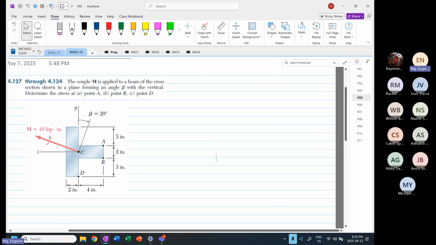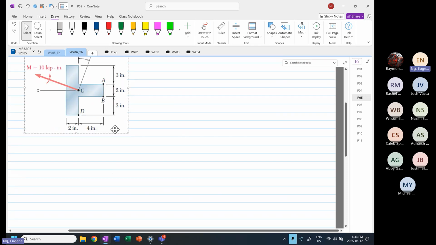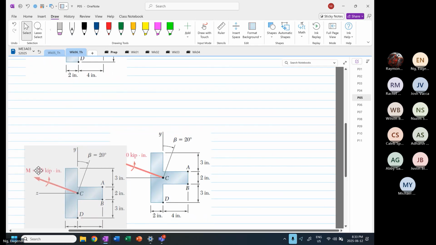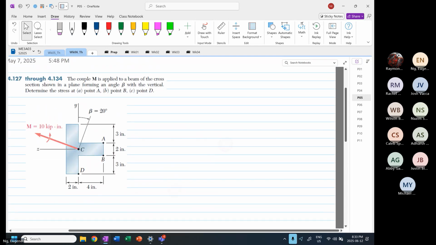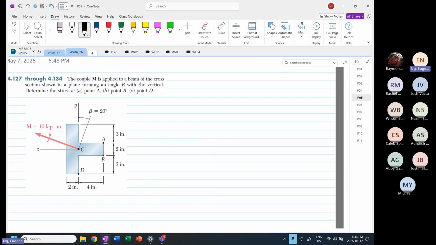So this case, let me copy this image, and I need this image quite a bit. So this is a condition of unsymmetrical or centric bending.